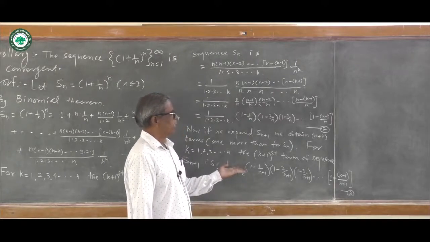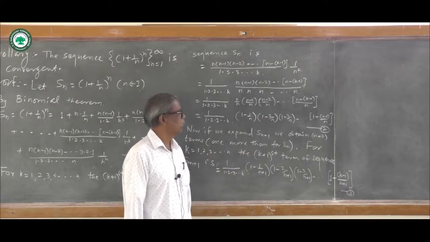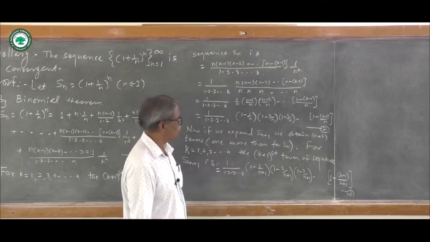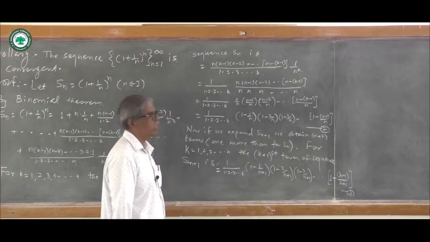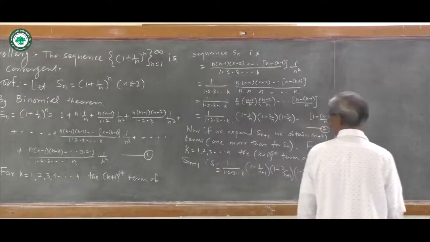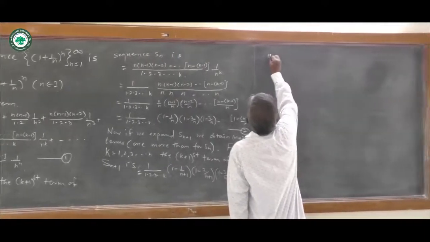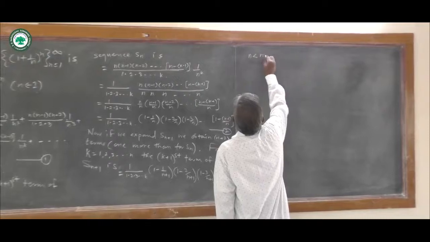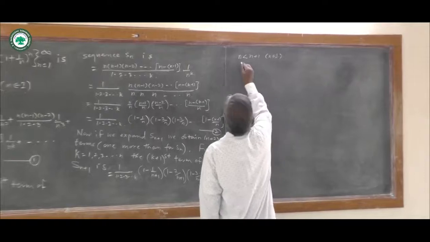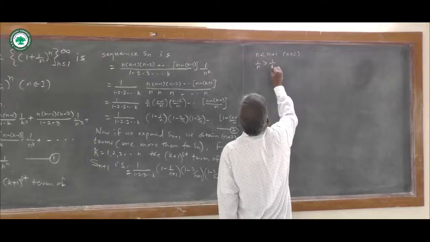The quantity in 3 is greater than the quantity in 1, the quantity in 2. How is it greater? Since n is less than n plus 1, this is true for all n belongs to I. Therefore, 1 upon n is greater than 1 upon n plus 1.